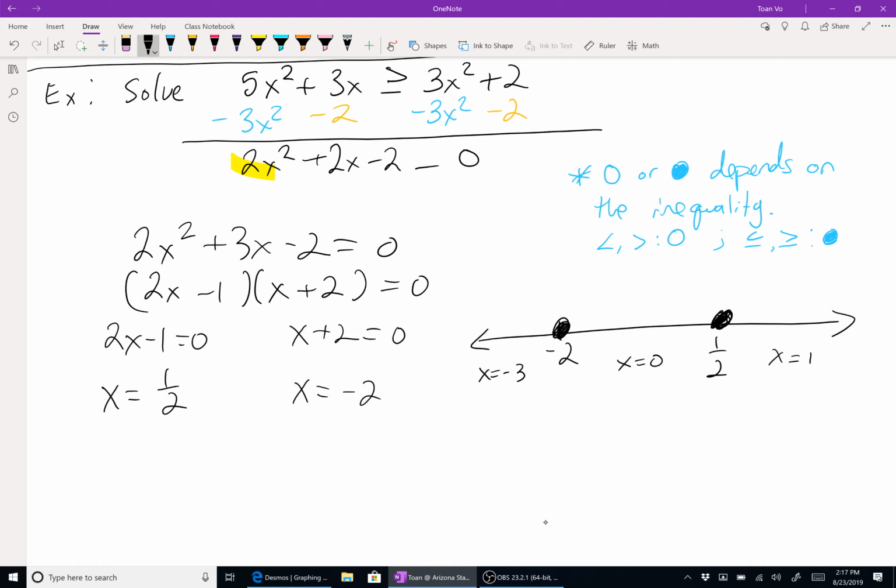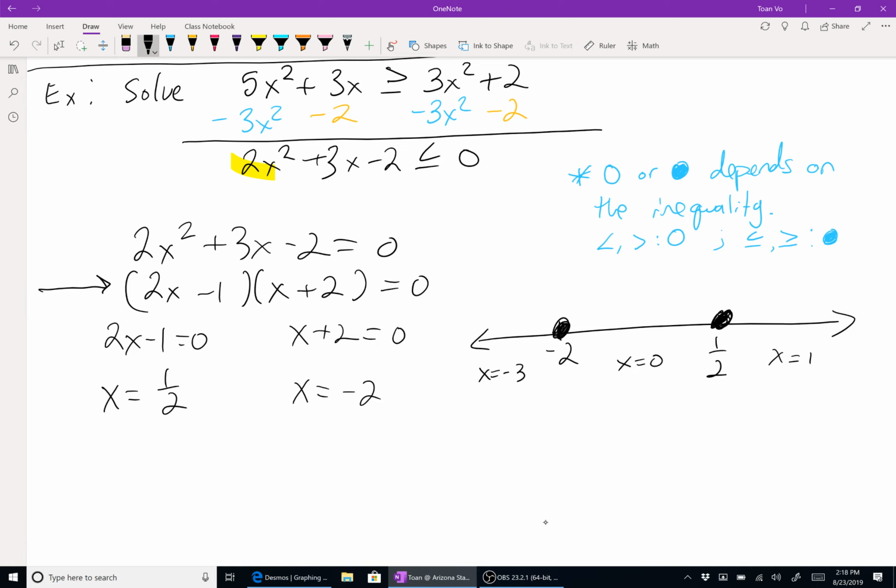Screw it. Forget that other two. It was at this stage here where we got the 0 on one side. So technically speaking, this is what you should be plugging into. But I always try to plug into the factored form as much as possible. So this line is actually where we got the factored form.